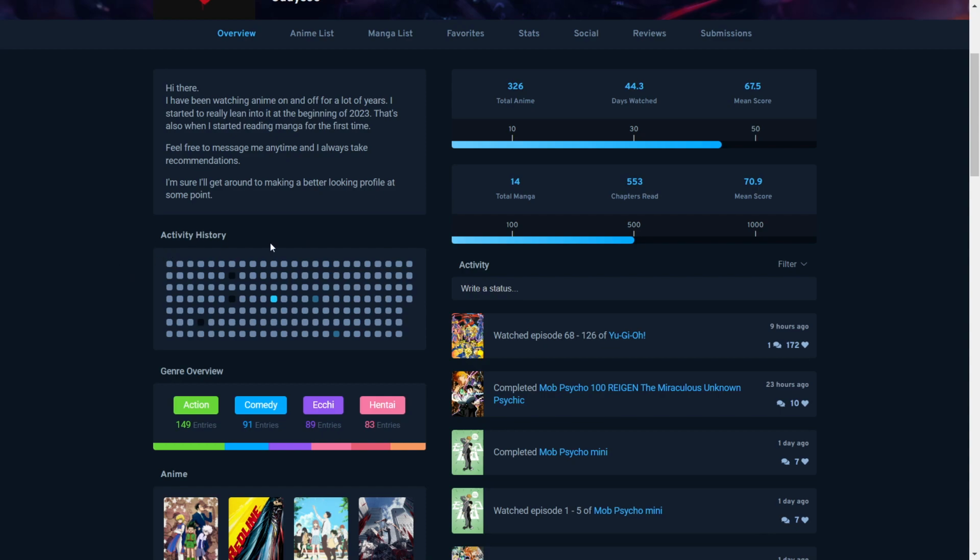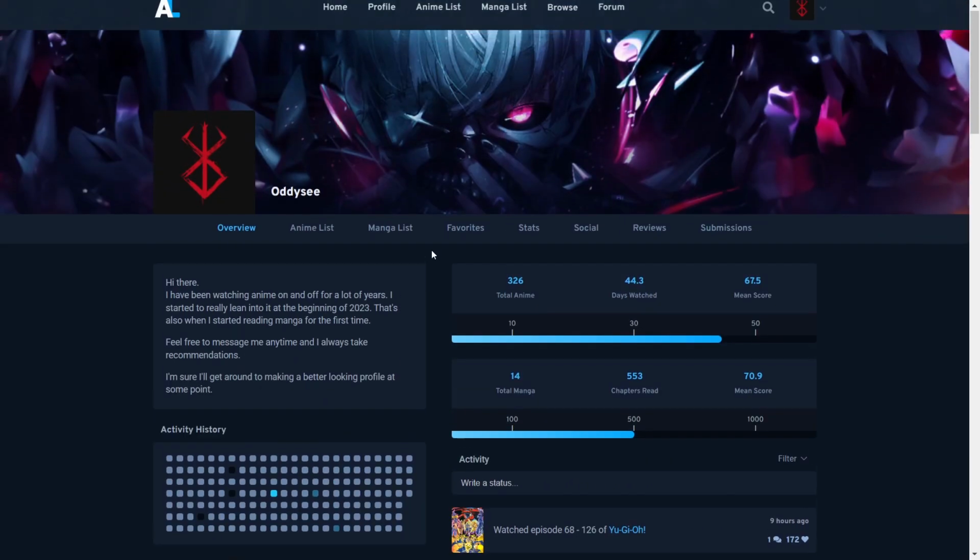I actually like it, and I must confess, I have found myself wanting to keep up with activities on Anilist, wanting to keep on using Anilist, just so I can fill the next activity square. That may sound a bit weird, but yeah, I have done it. I will admit it. But no, it's a pretty cool feature, and I do like it. It's kind of satisfying seeing it all filled with cool colours. Anyway, that was activity history.